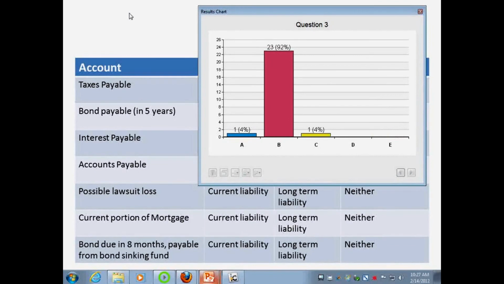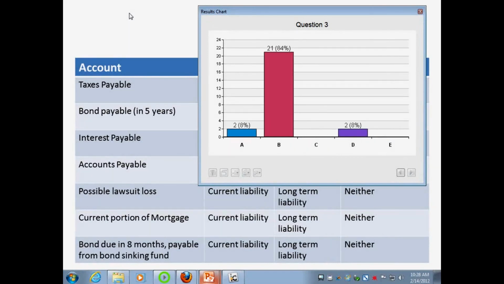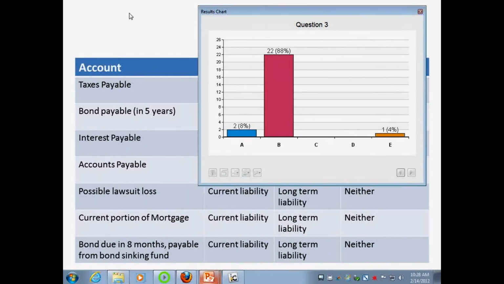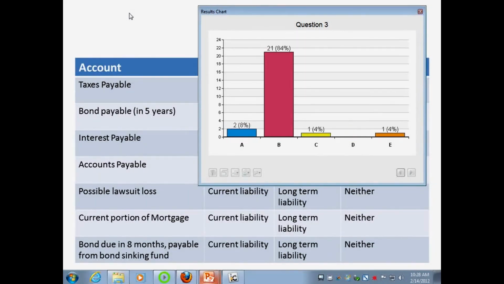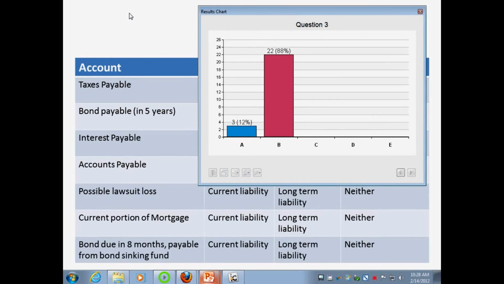Let's say it's a $50,000 bond and I have to pay $10,000 each year for the next 5 years. How would I record that? Okay, the $10,000 would be current, and the remaining $40,000 would be long-term. Then a year passes, and you shift another 10 up into the current, and you keep the rest in long-term. So there's nothing wrong with having bonds payable in both sections.